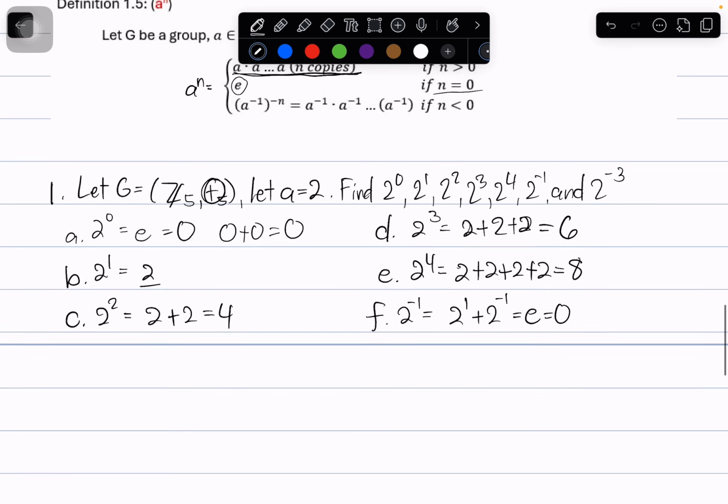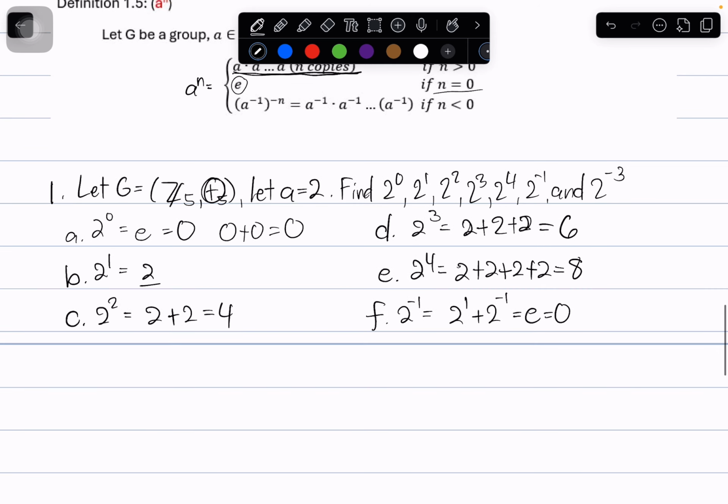So we have our 2 raised to 1 here. 2 raised to 1 is equal to 2. Now, we're trying to find 2 inverse, which is equal to 0.